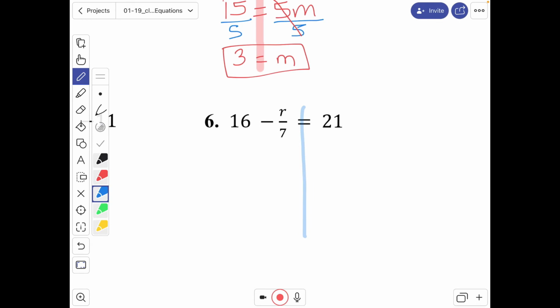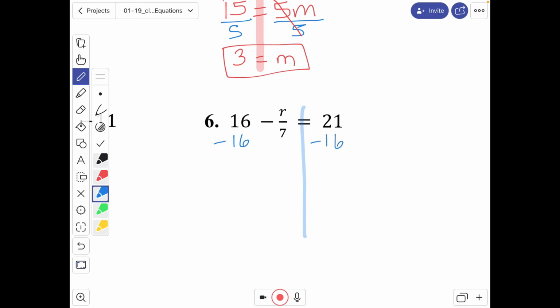Okay, so I see that we are subtracting 16, but that's a positive 16. So if I add a positive 16 to a positive 16, I'm not going to be getting rid of the 16. I'd be making 32. I don't want to make 32. I want to get rid of the 16. So I need to do the opposite of 16, which is negative 16.